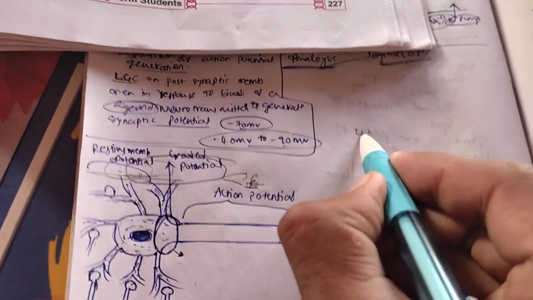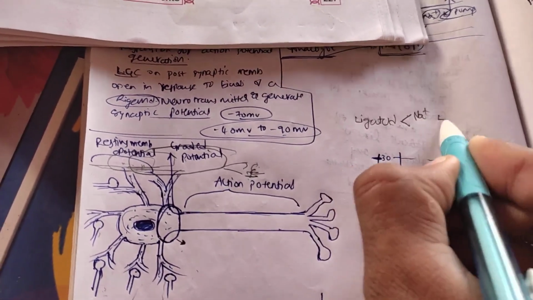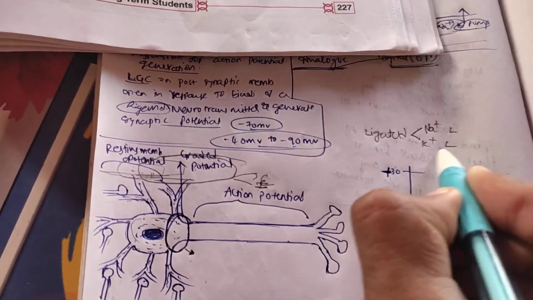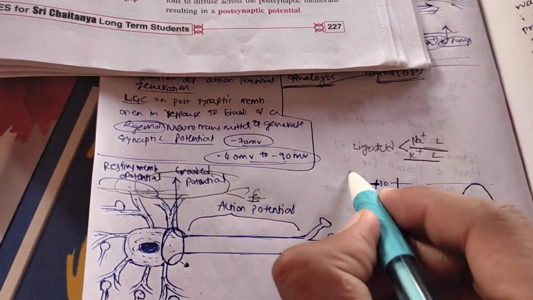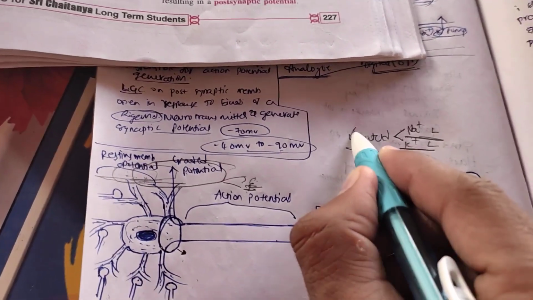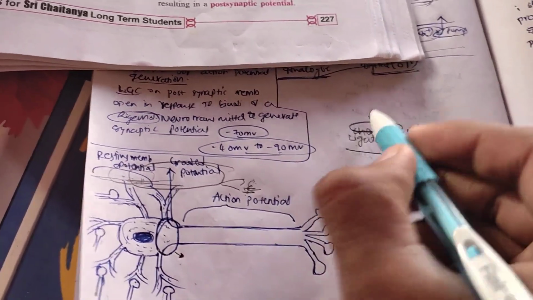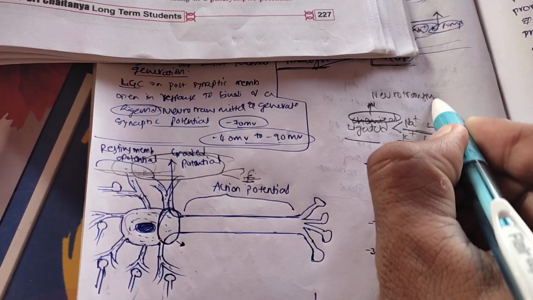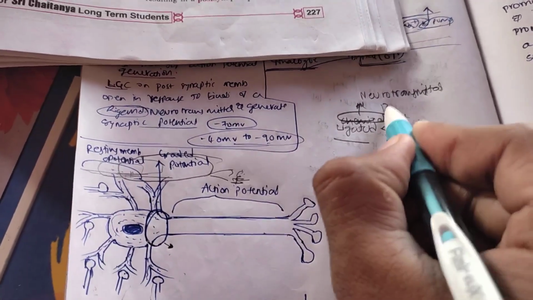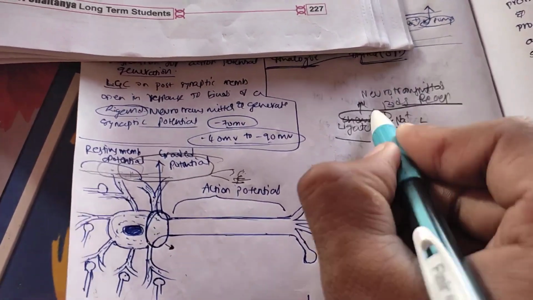Ligated channels are of two types: Na+ ligated channels and K+ ligated channels. A ligand is a chemical, or I can say a neurotransmitter, that binds to the receptors like that.